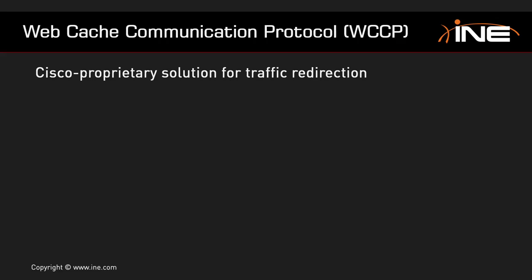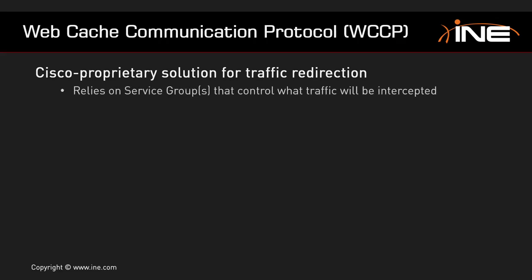Now, what we will use WCCP for is to do the redirection from the network to the WSA. The protocol relies on a concept of a service group, which is what eventually defines what packets we want to take from the network, from the interface where we enable WCCP, and redirect those packets to the WSA.